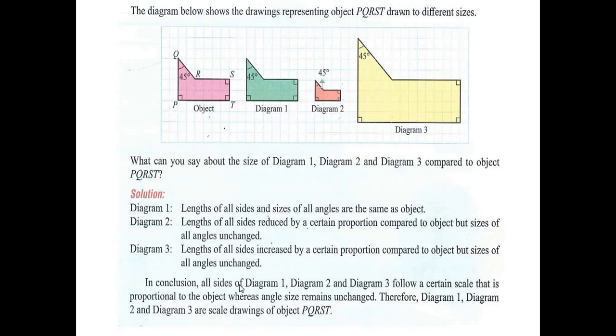All sides of diagram 1, diagram 2 and diagram 3 follow a certain scale that is proportional to the object, whereas angle size remains unchanged. Therefore diagram 1, 2 and 3 are scale drawings of object PQRST.